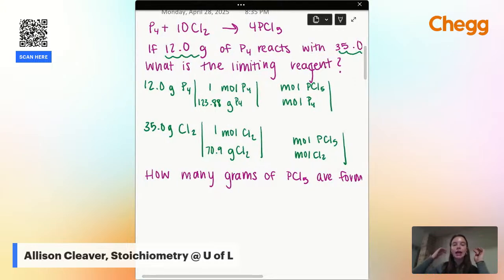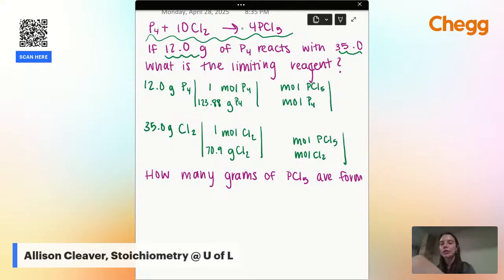To get those mole-to-mole conversions, we look at our balanced chemical equation, which is up here, and we plug those coefficients in based on what compound they match. So if we look for PCl5, we see it has a 4 before it, so we can just put a 4 in front of those PCl5s. If we look for Cl2, we see it has a 10 in front of it. And if we look for P4, it has an imaginary 1. No coefficient, just means 1. So now we have all of that plugged in.